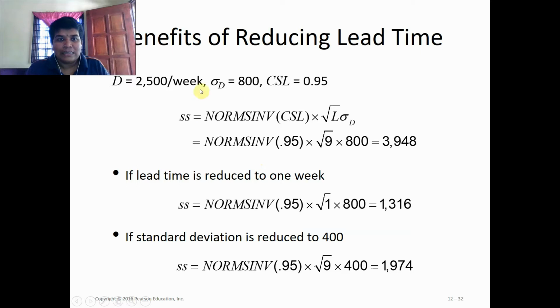Earlier, the standard deviation was 800. When you reduce the standard deviation to 400, your assets increase.